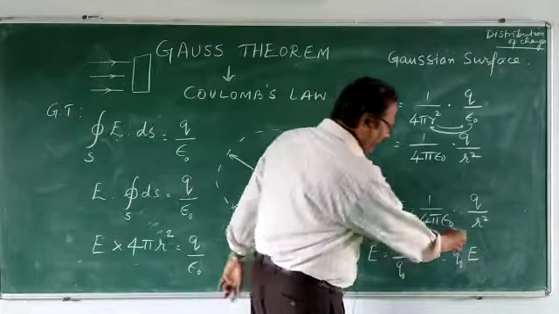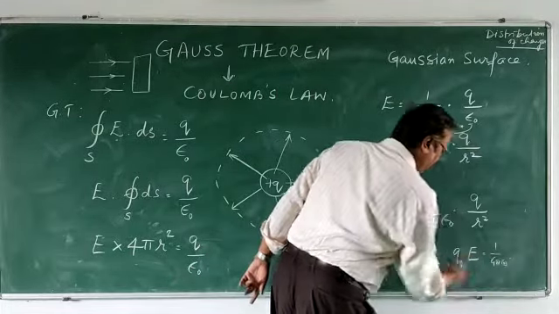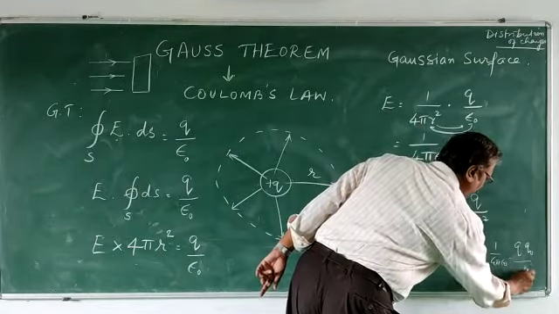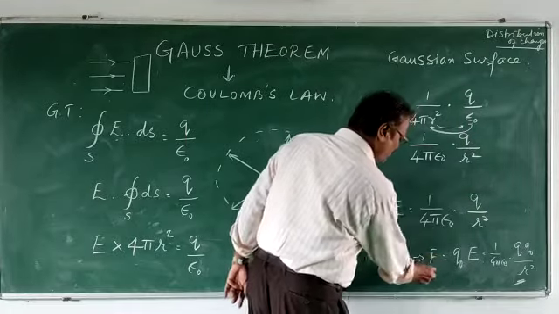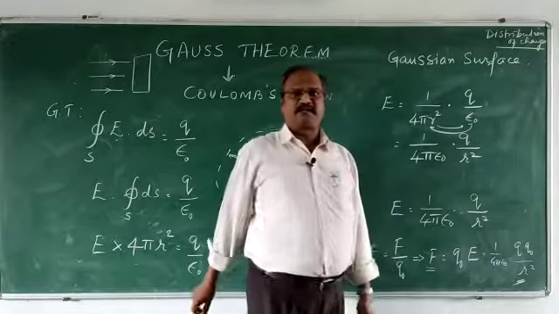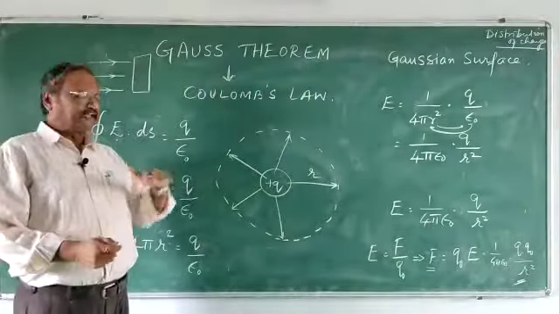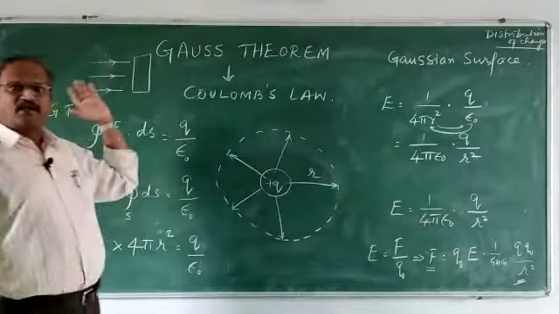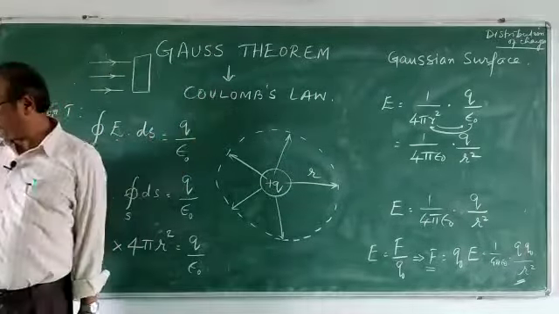Now when I substitute the electric field value here, 1 upon 4 pi epsilon naught into Q naught upon r square, this is nothing but the force using Coulomb's law. You understand now? So in either way we can do it. From Coulomb's law we can derive Gauss theorem, and from Gauss theorem we can derive Coulomb's law.